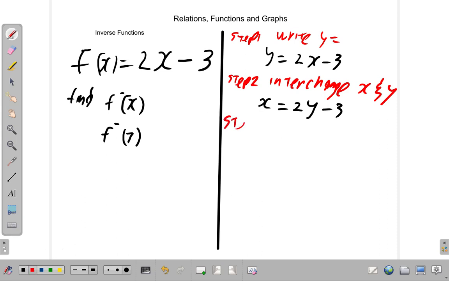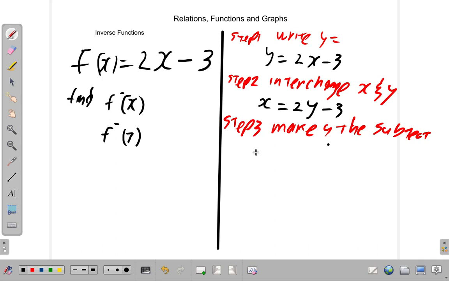Then, step 3. We make y the subject of the equation. So you have to practice your transposition skills, right? Build up your transposition skills for this part.